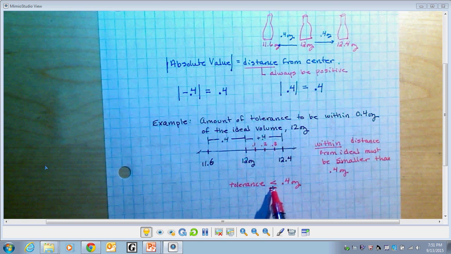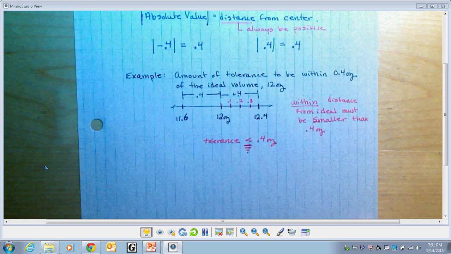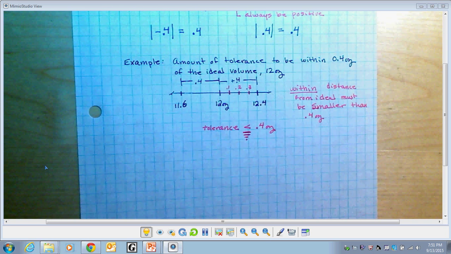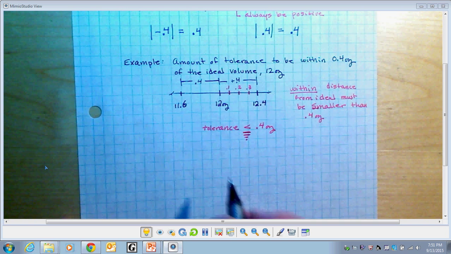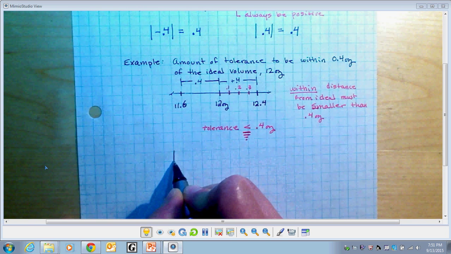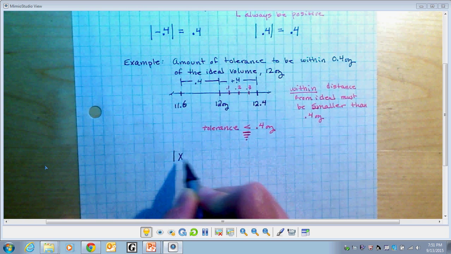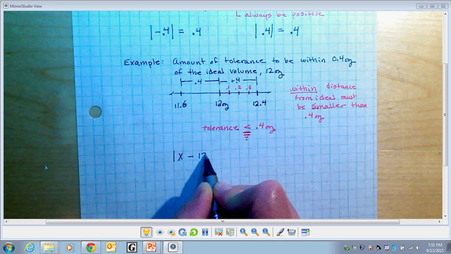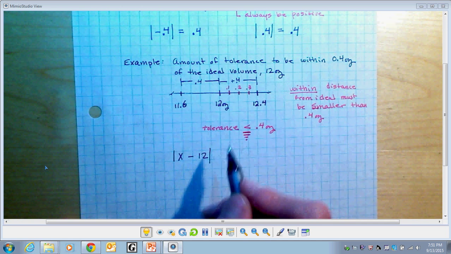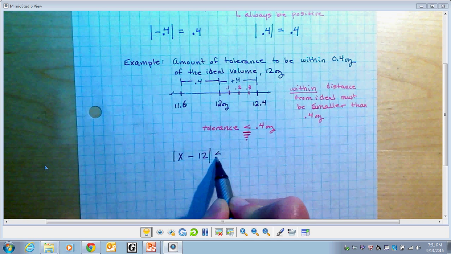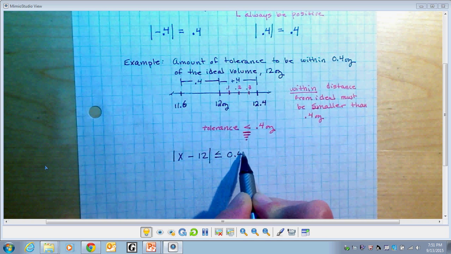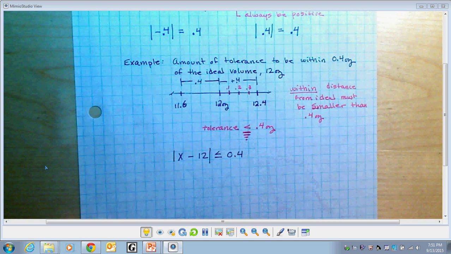So we could put the less than or equal to sign. Okay. So that means when we write our equation, as I had in the PowerPoint, we had the absolute value of x minus 12, that's my ideal, has to be less than or equal to 0.4, my distance from center.